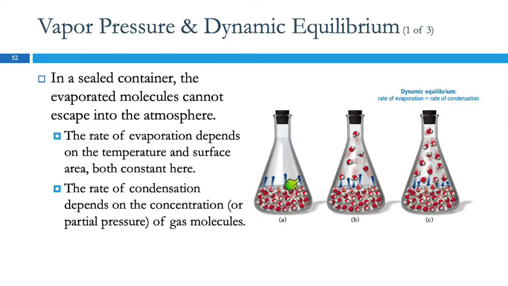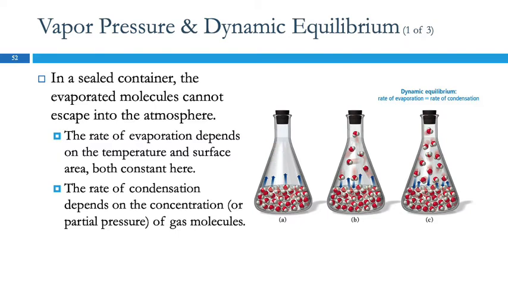So here, the surface area is not changing as this water sits in this flask, and the temperature is not changing. So here we have evaporation, right? Originally, there are no water molecules up here to condense.